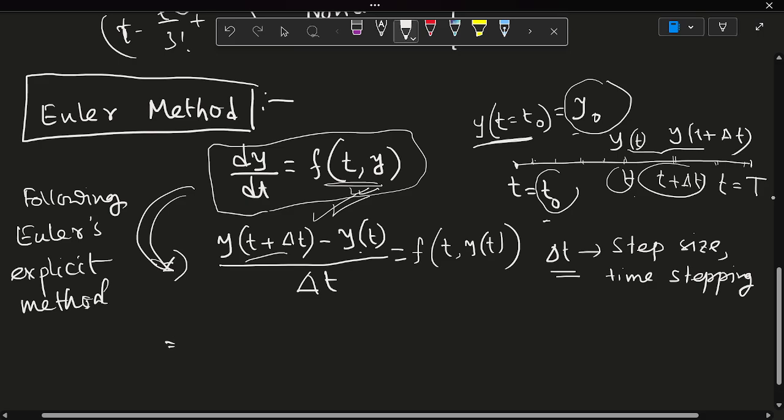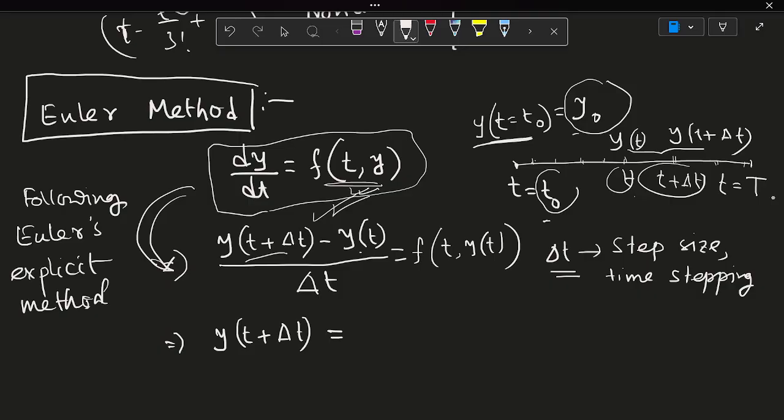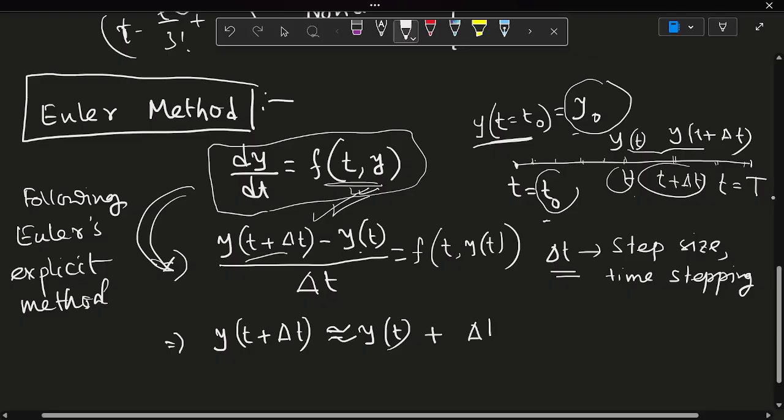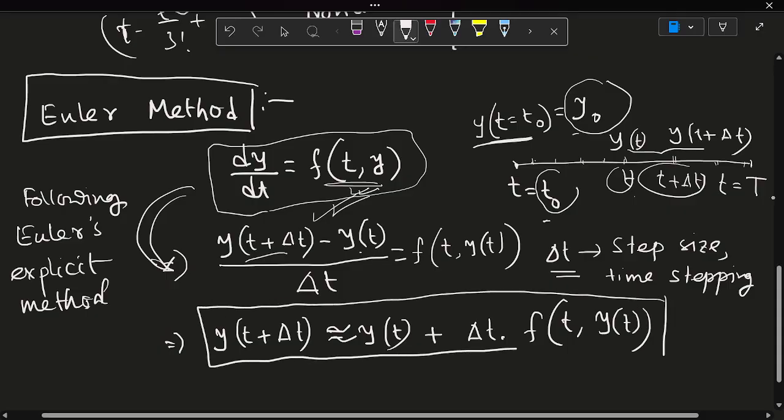If I have this update rule, then we can write that y at t plus delta t is nearly equal to y of t plus delta t multiplied with f of t and y of t. So this is the update rule by which you will update it.